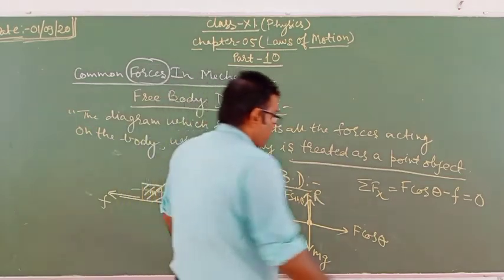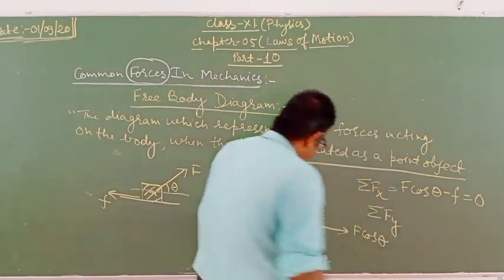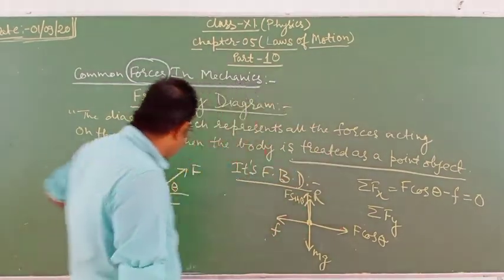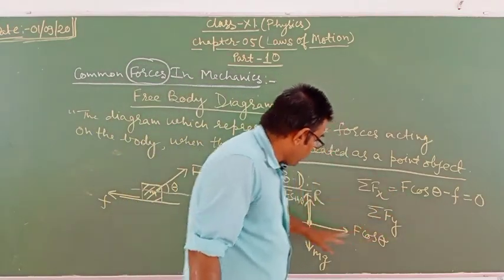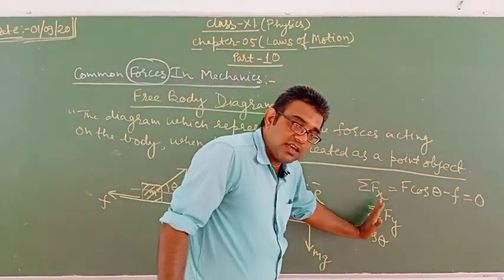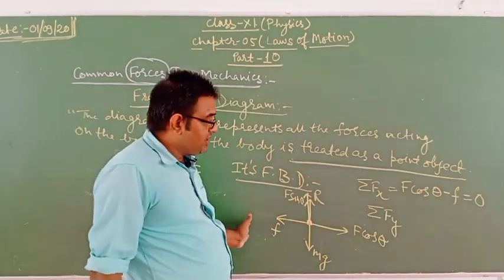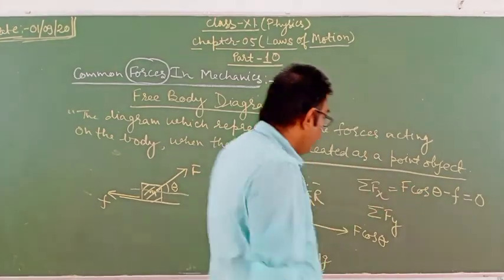In the horizontal direction, F cos theta is in the positive direction, and the frictional force is in the negative direction. So F cos theta minus f is equal to 0.